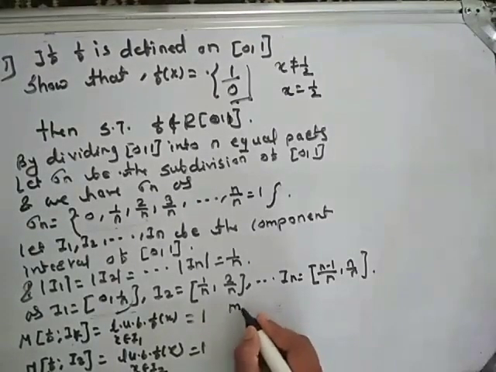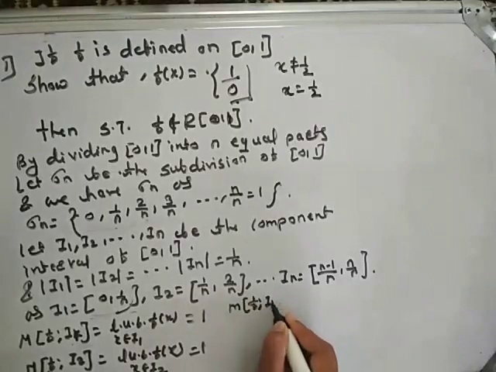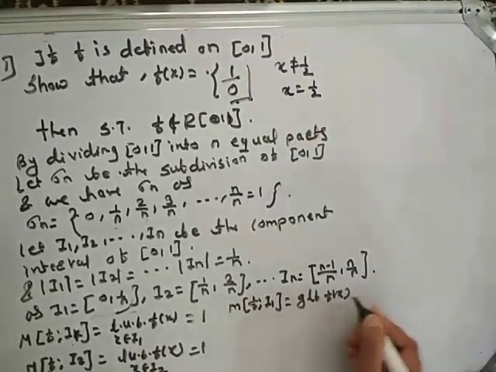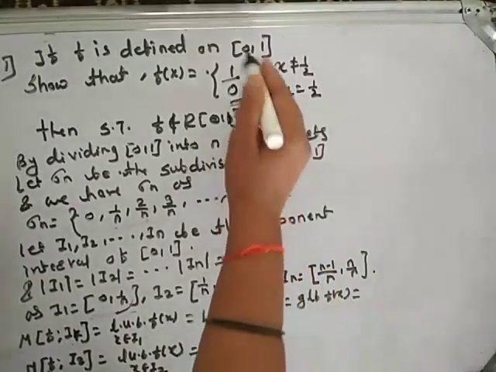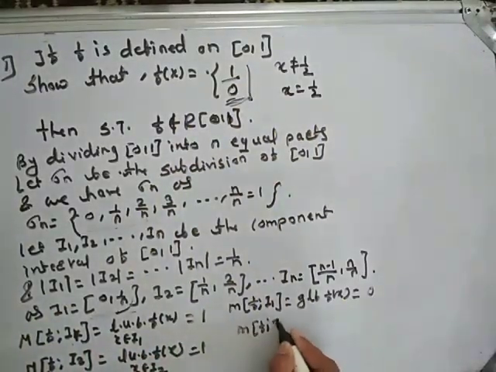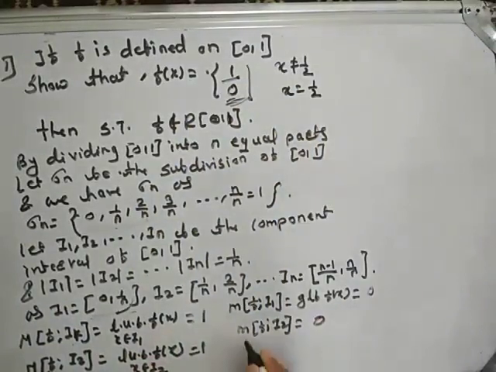Similarly, we calculate small m(f, I1), which is equal to the greatest lower bound of f(x). Here the greatest lower bound for the function is only 0. So this is 0. Small m(f, I2) is also 0, and so on up to small m(f, In) is also 0.